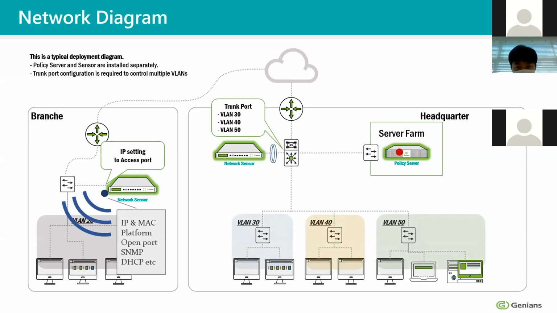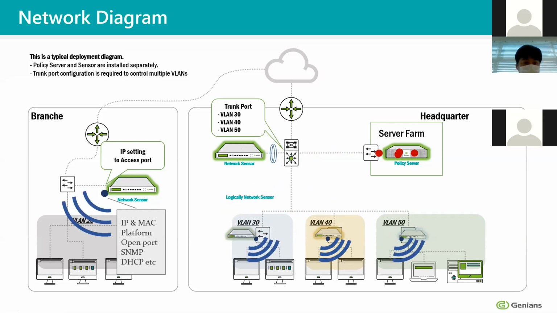So you need to set both sides, the network sensor and the layer 3 switch port configuration. Then we can provide a logical network sensor to each VLAN. Then it works separately, collecting and controlling, and also sends the information to the policy server.